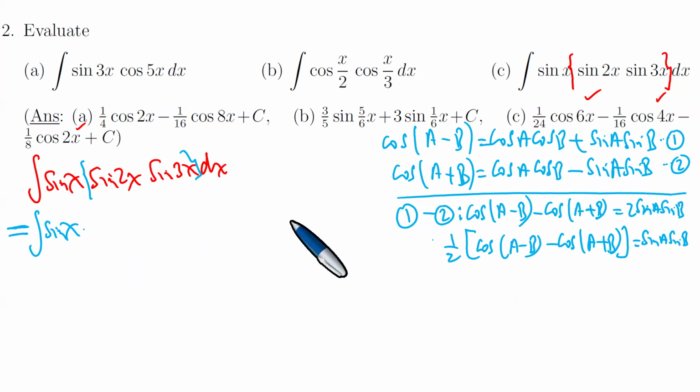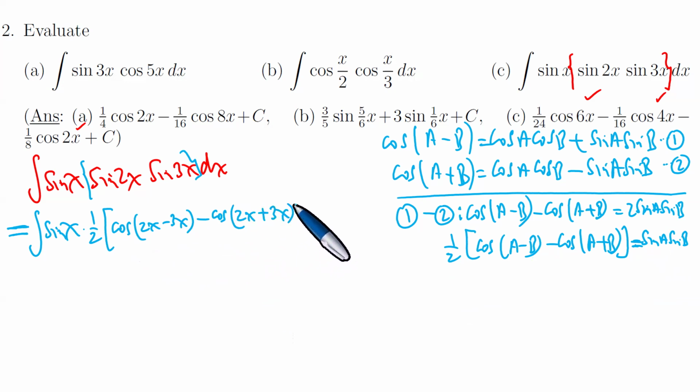So this one, the sine A sine B, according to this formula, is going to be 1/2 of the cosine of A minus B, which is 2x minus 3x, minus the cosine of A plus B, which is 2x plus 3x, and then you put a dx here, like that.